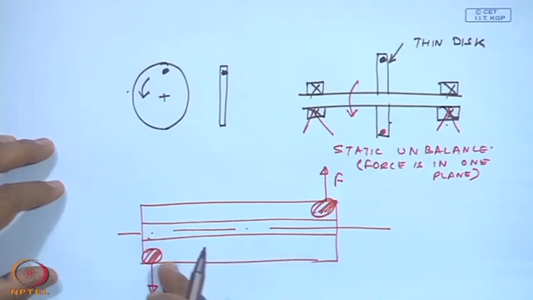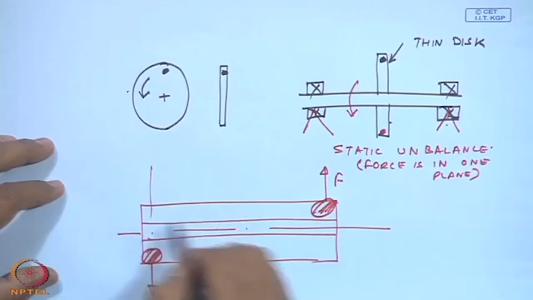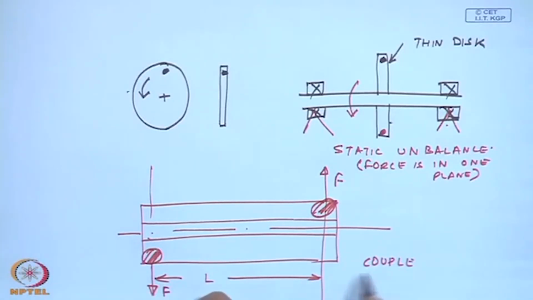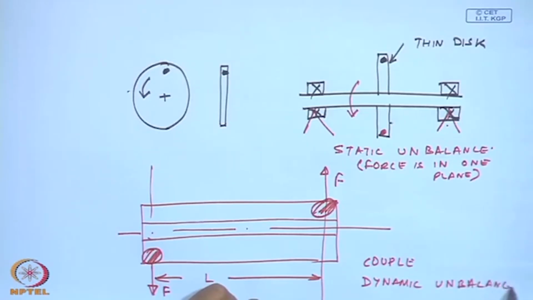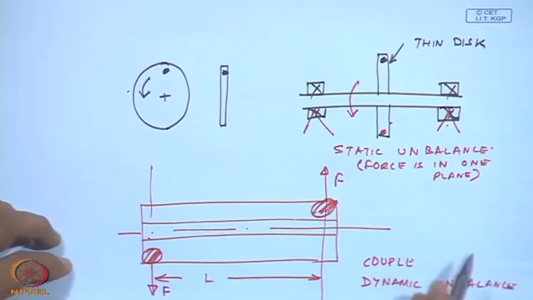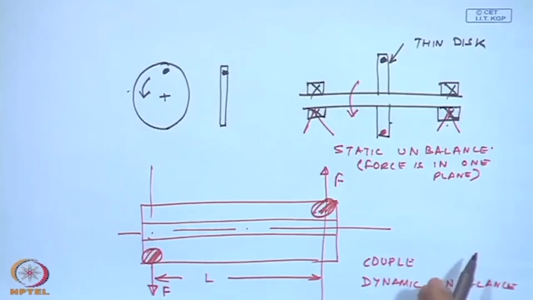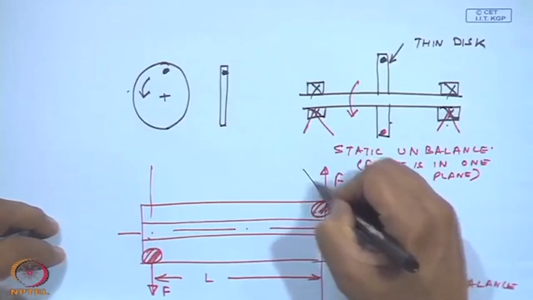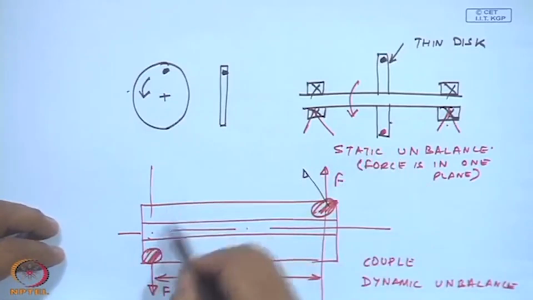But you see this, because they are in different planes, they give rise to a couple. And this is what is termed as dynamic unbalance. In some books or some literature, they say this is a couple type of unbalance, and then they have a dynamic unbalance where these forces are actually inclined to some axis.